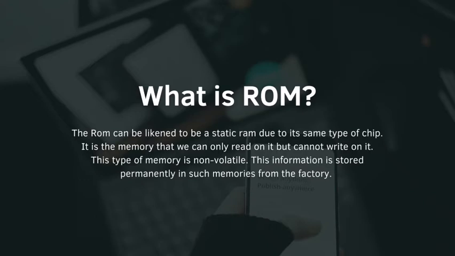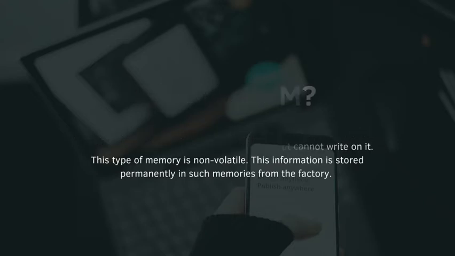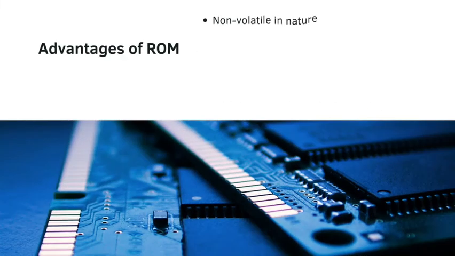So the ROM is also a memory in the computer, but it's non-volatile because it can hold information and instructions permanently, no matter how the information comes in, it can be saved permanently.